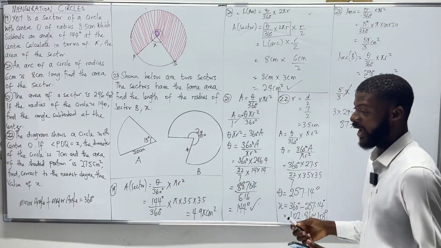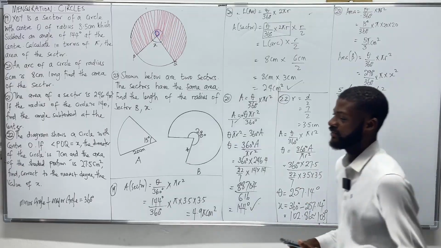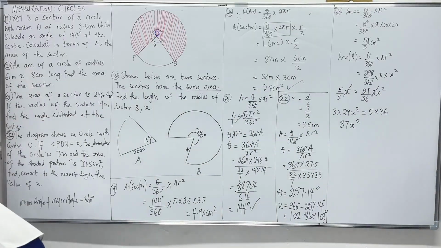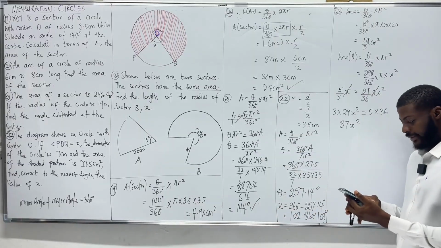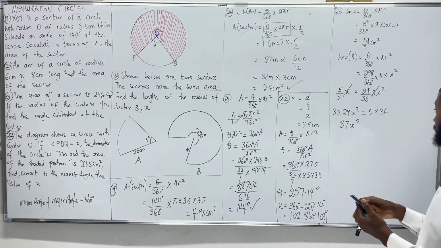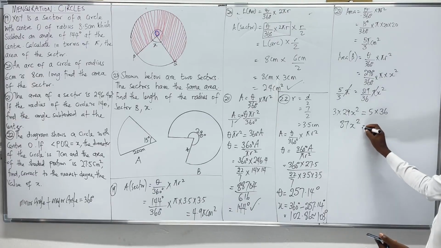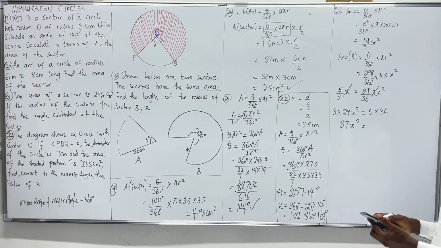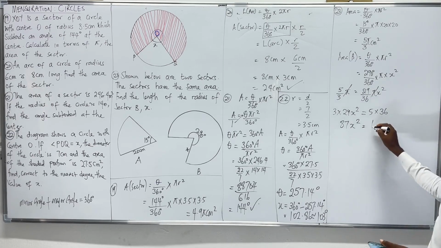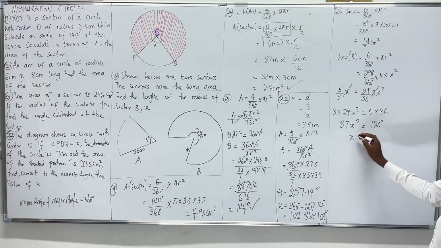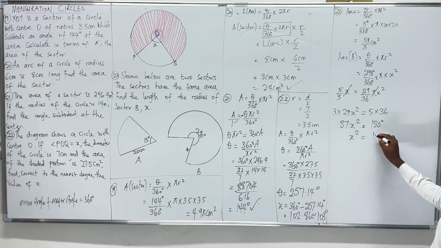I'm trying to look for where I got the equations from. This should be 270, not 290. Well, I guess I have no choice. I'll just leave it like that. Equal 5 times 36. That should be 180. All right, so x squared will become, divide both sides by 87. So we'll have 180 over 87.